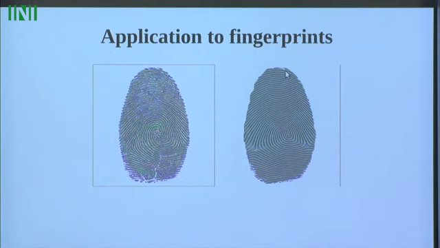It can also be used to check different kinds of fingerprints, because you have a nice description in terms of the singularities, the type of singularities, where they are, and things like this. So it's much easier to compare two fingerprints when one is compressed using this method rather than using the initial image.